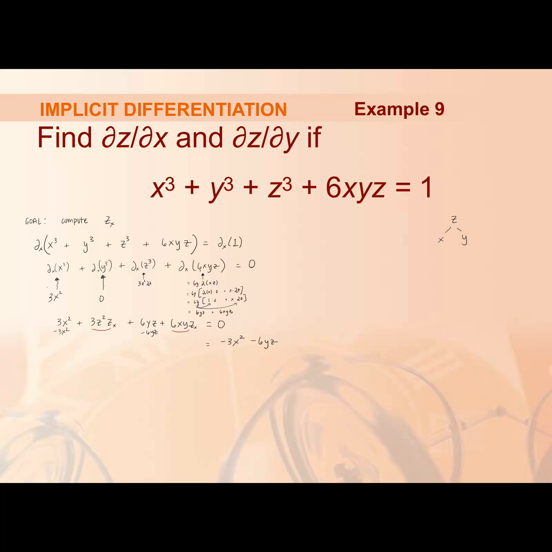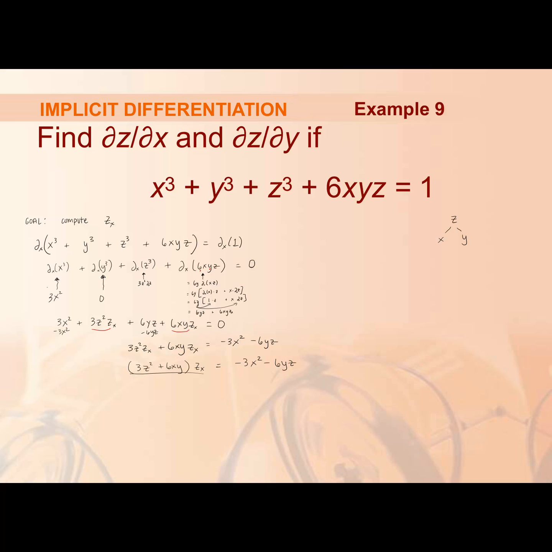So I'm now left with 3z squared z_x plus 6xy z_x is equal to negative 3x squared minus 6yz. So I can now factor out a z_x, and I'll get (3z squared plus 6xy) times z_x is equal to negative 3x squared minus 6yz.